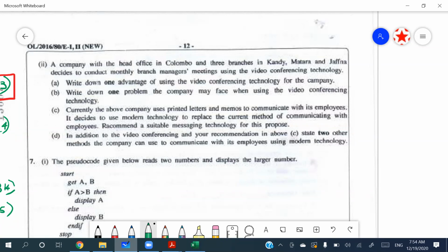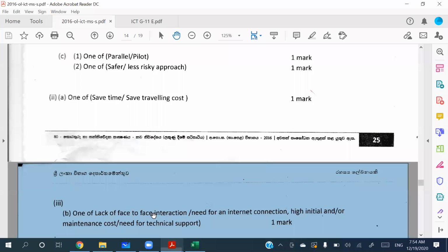So signal problems may be there, right? Like lack of signals will be a problem. Must have an internet connection will be a challenge or a problem, right? Should have the knowledge of handling the video conference should be a problem, right? So those kind of things.